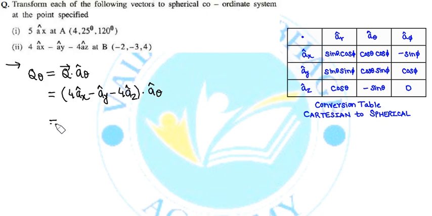Okay, fine. Now you can refer to that table. So what is the dot product between ax and a theta? The dot product between ax and a theta is equal to cos theta cos phi.